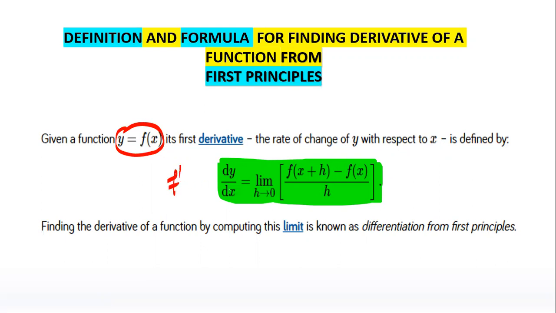It is also denoted by this symbol. By computing the limit of this whole expression, we can find the derivative of the function, which is known as the differentiation of f(x) using first principle.